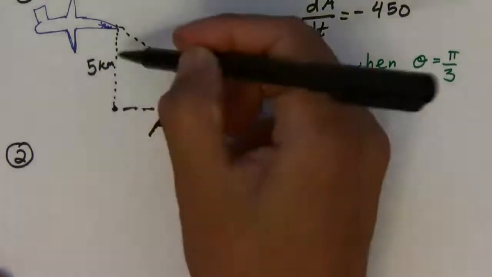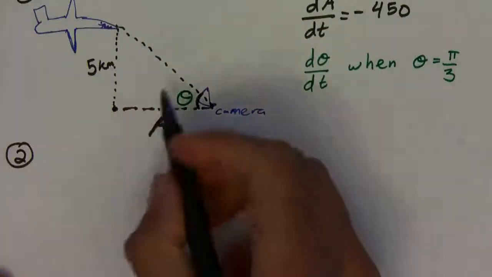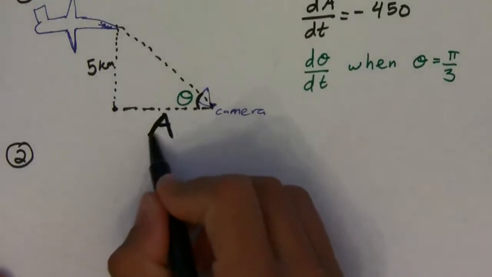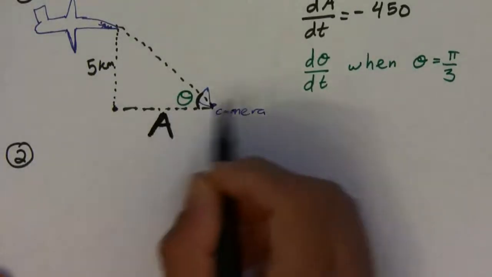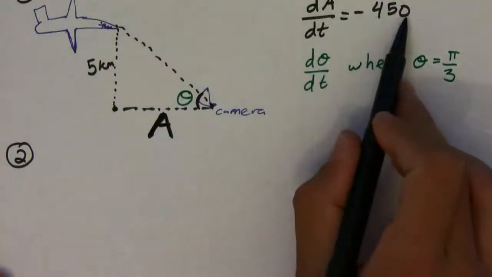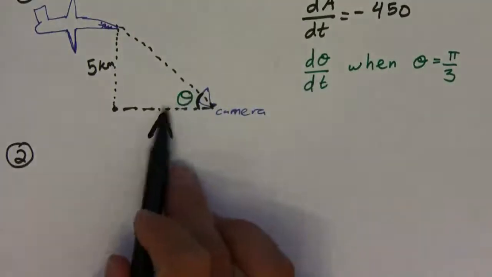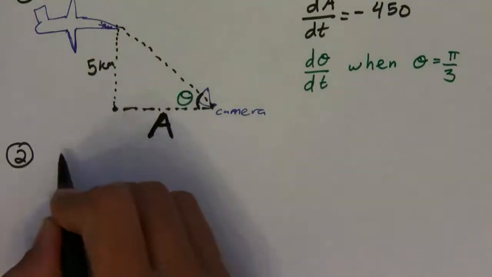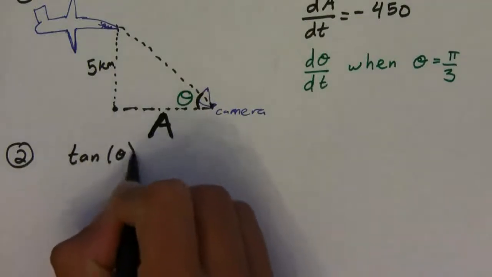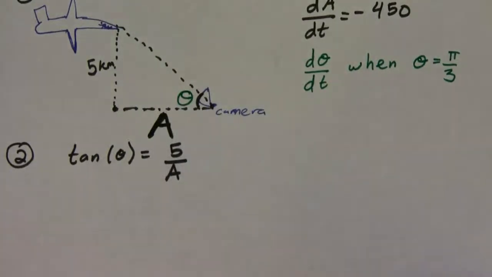You know that this altitude is always 5 kilometers, and A, well, we don't know what A is, but this is a variable that we have the derivative of, so we could potentially find A. So a formula that relates all of this information is that tangent of theta is equal to 5 over A.